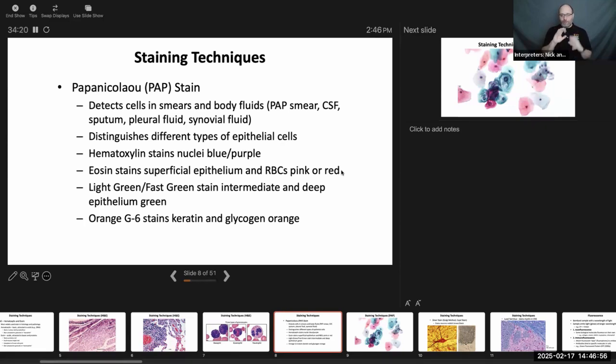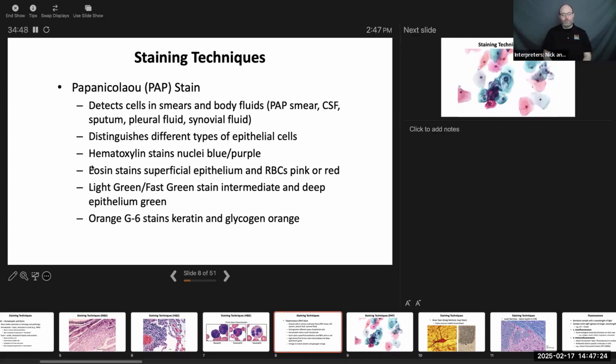Even synovial fluid. They can analyze synovial fluid for the presence of things like neutrophils and macrophages, which would indicate some kind of immune issue going on inside of a joint. Because remember, synovial fluid is the fluid in a joint. So this might be, I'm not 100% sure about this, but I suspect this is probably a test for something like rheumatoid arthritis, where you have an autoimmune disease affecting the joints.